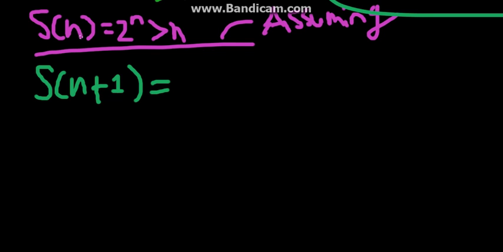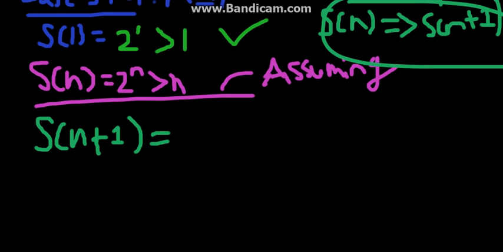So S of n plus 1, now we're just going to replace n with n plus 1. So this is going to be equal to, maybe a light blue. That might look cool.